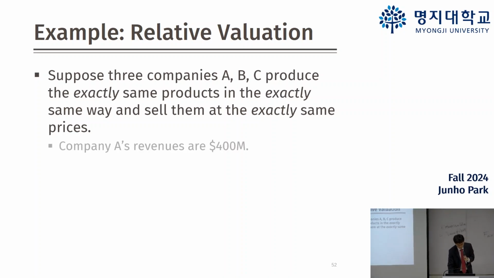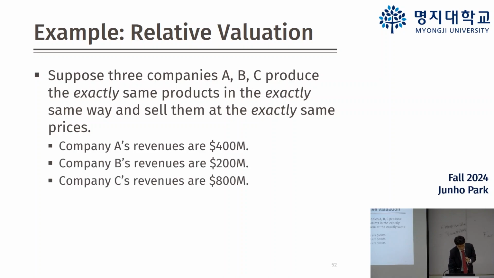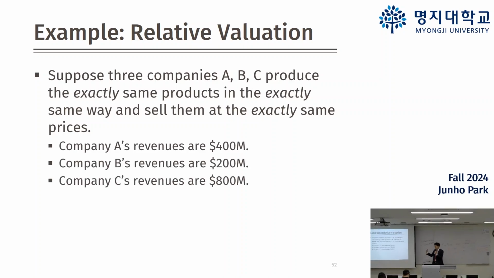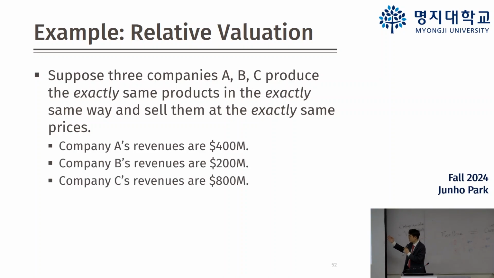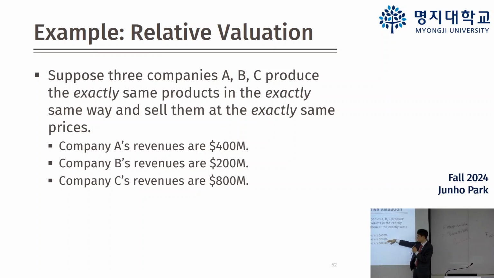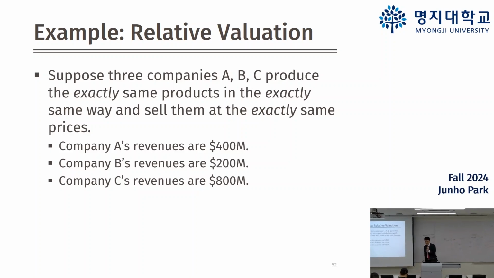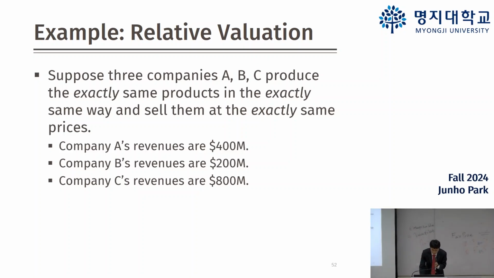Then there is information given, which are the revenues of the 3 companies. A sells 400 million, B's revenue is 200 million, and C's revenue is 800 million.